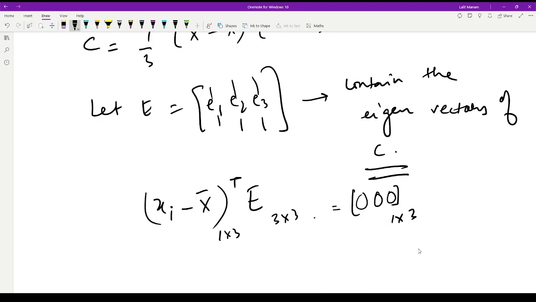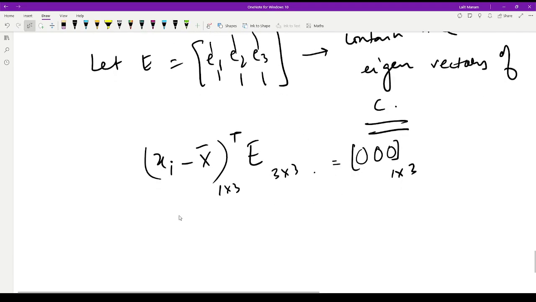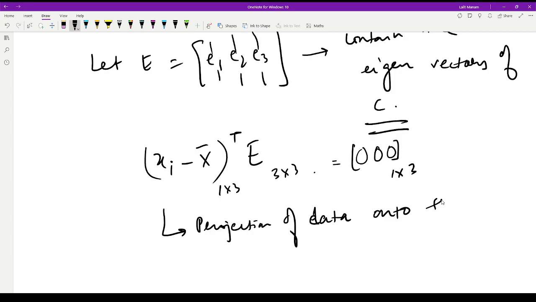This is just projection of data onto the principal components.